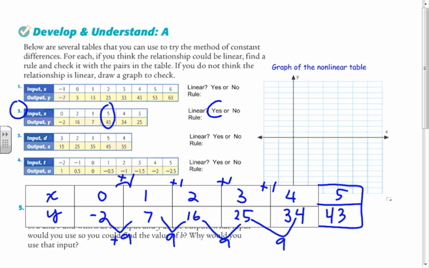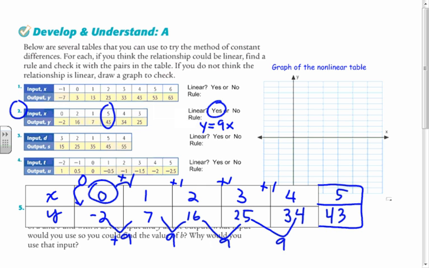So we're going to say this is linear. And just to help you make a rule, if the x values go up by 1, like they do here, then whatever the y values go up, that's what you need to multiply by in your rule. So we need to multiply by 9. So we're going to multiply 9 by x. That's the slope. And if you multiply 0 by 9, 9 times 0 is 0.